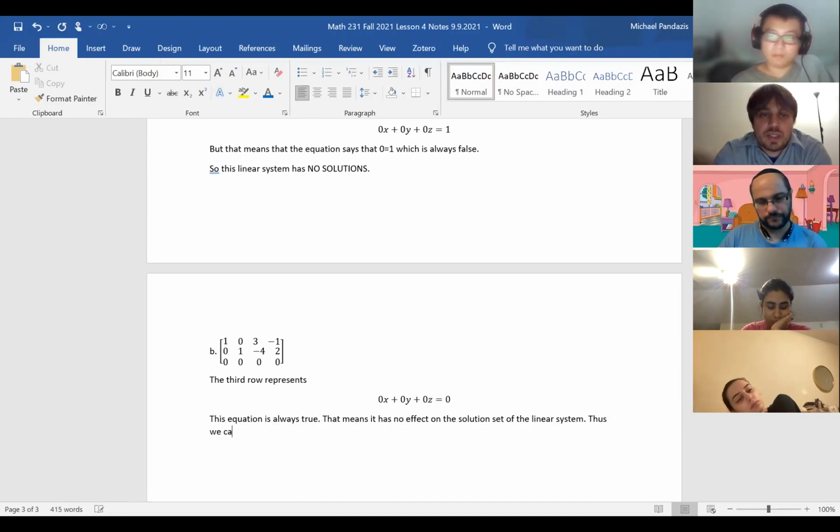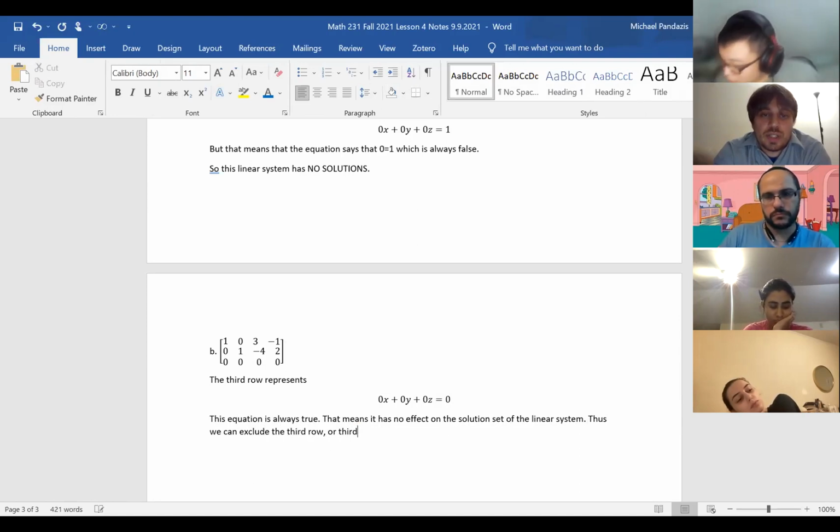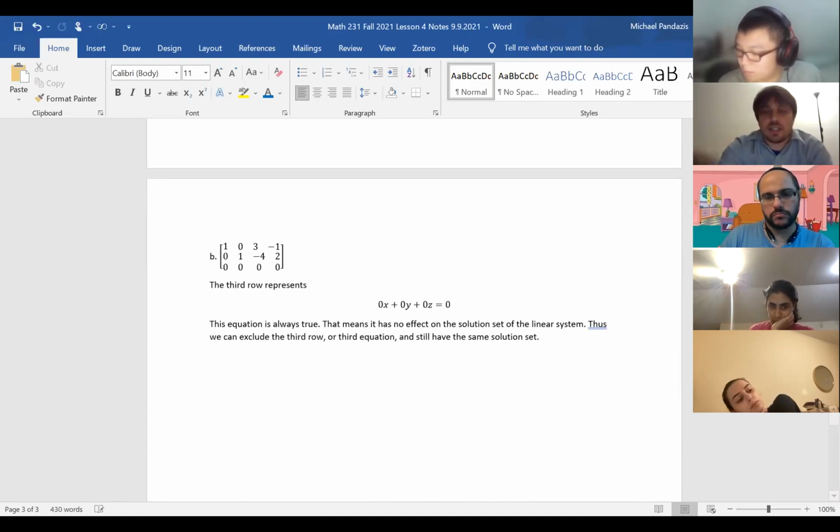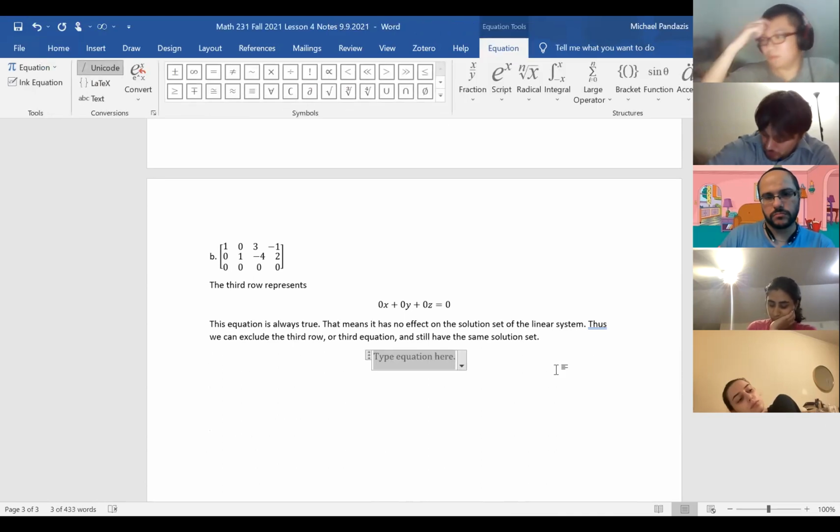Thus, we can exclude the third row or third equation and still have the same solution set. Okay, so now we only have to look at the first two rows of that matrix. And so we look at only the first two equations.